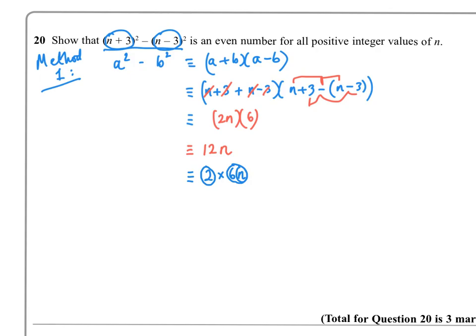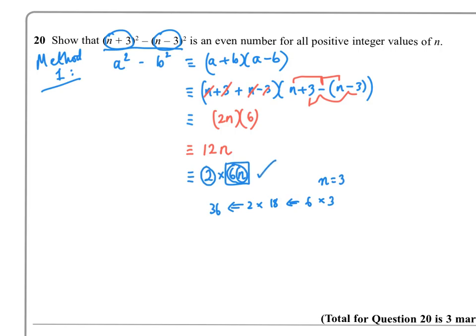So if we chose an odd number, say n is 3, when it's times by 6, we're okay anyway. We happen to get 18, but when we double it, we'll end up with 36, which is definitely even. So what it's really saying is n can be any number, and when we do 6n of it, and then multiply it by 2, we're always going to get an even.